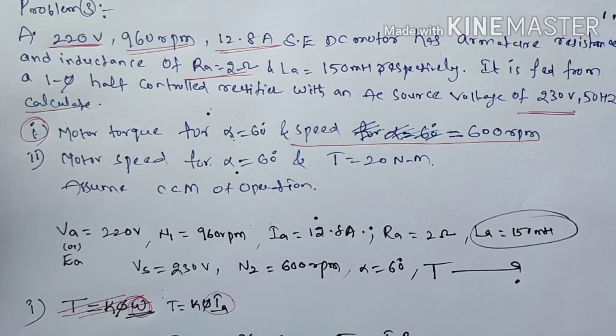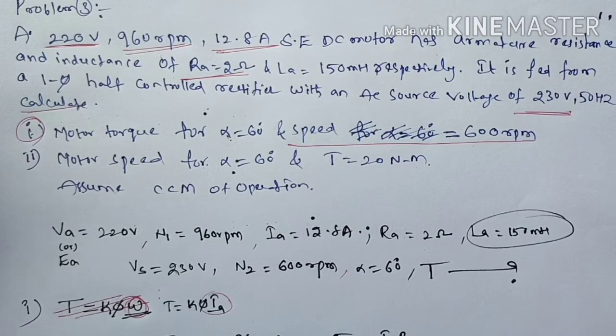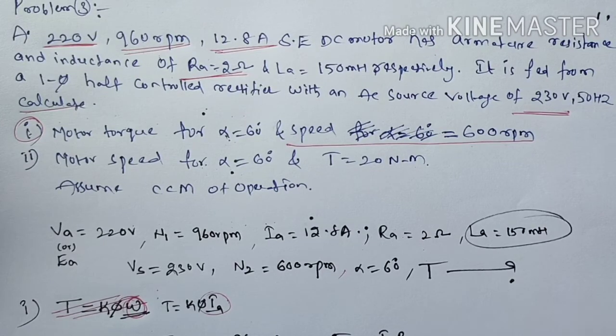Now we have to calculate the motor speed for alpha equal to 60 degrees and torque T equal to 20 Newton meters. So that is our second problem.